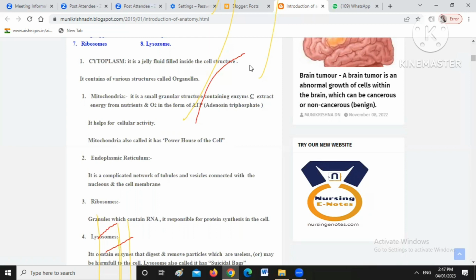Connected with the nucleus and the cell membrane, it helps connect the nucleus to the cell membrane.